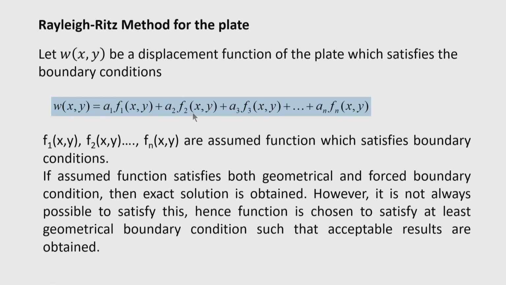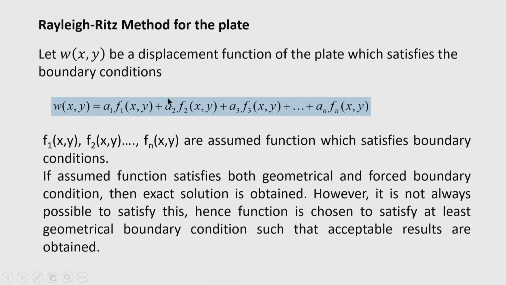There may be displacement boundary conditions which are imposed on displacement and slopes, but there may also be force boundary conditions which may be applied to the shear force and bending moment, or twisting moment. So, in that case the f1, f2, f3 etcetera are to be chosen in such a way that the boundary conditions are satisfied.